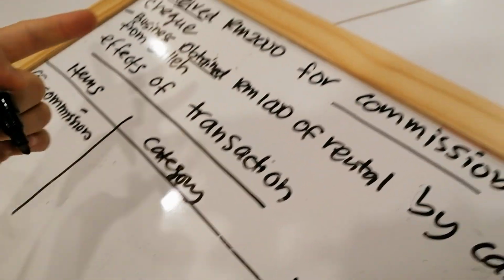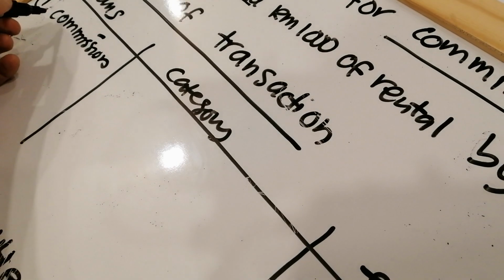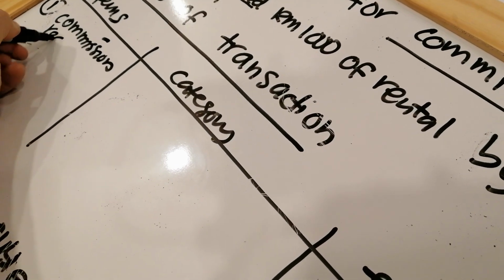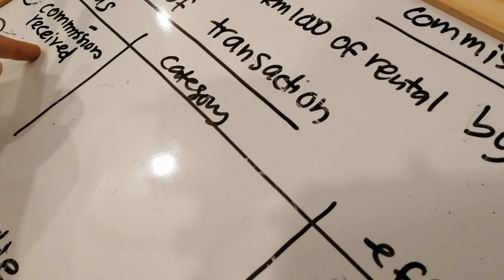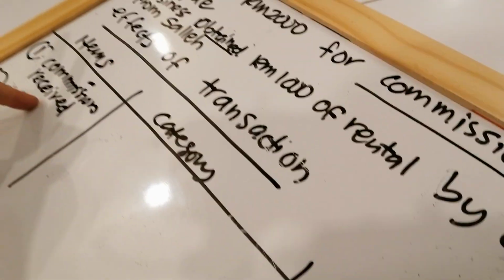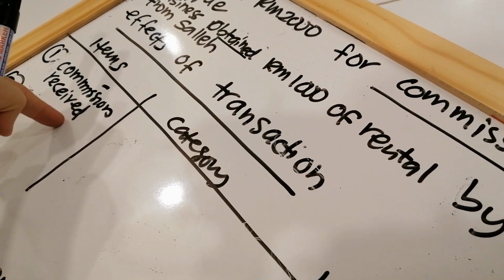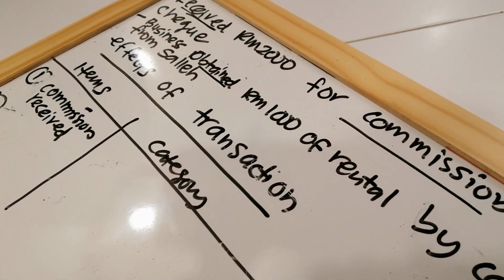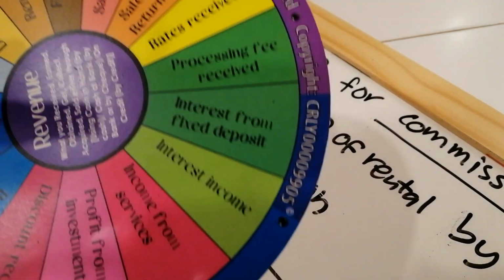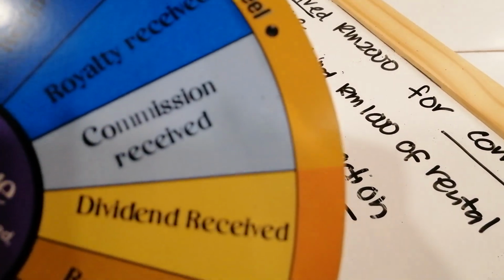And normally for revenue, how do you know that this is revenue? We have the word receive. Normally we will write receive at the back. Commission receive. Why? To indicate that this is commission the business received. Okay, commission that has been received, past tense ed. And commission receive, if you check from the circle, definitely commission receive is under this one.